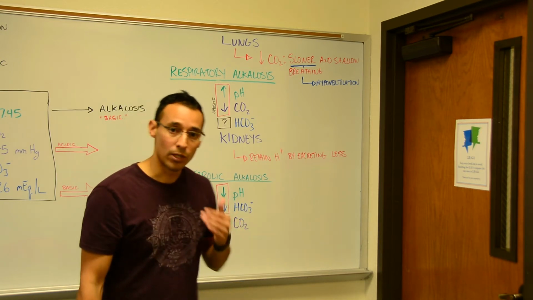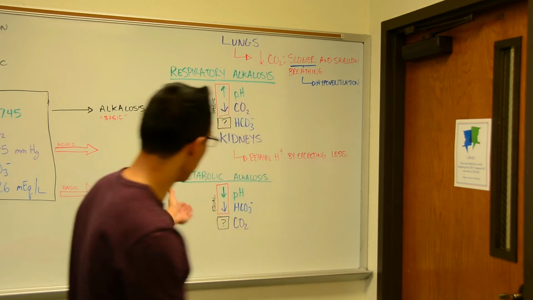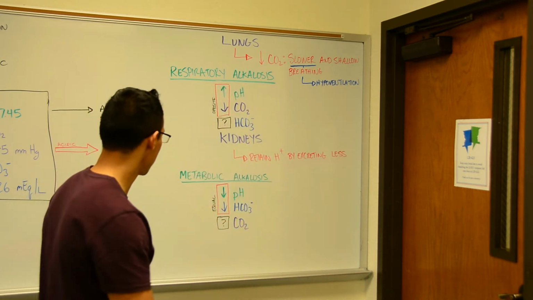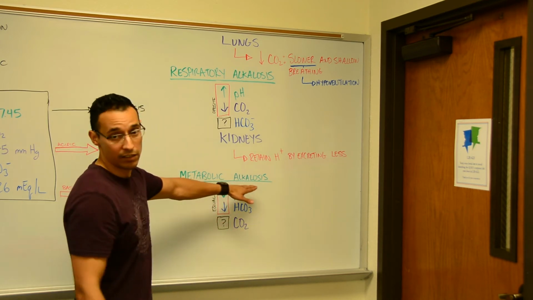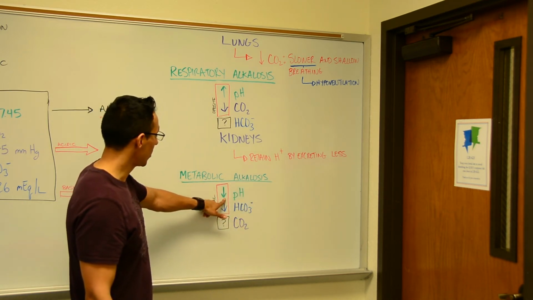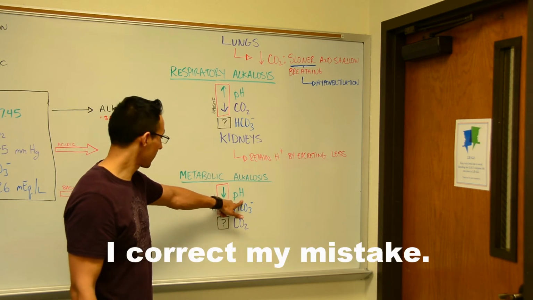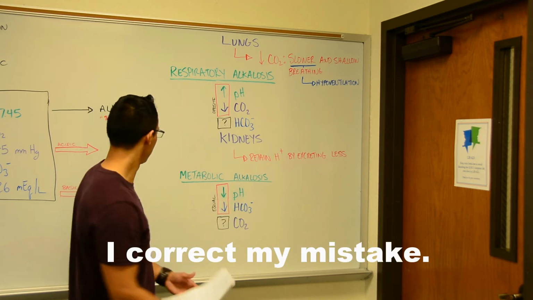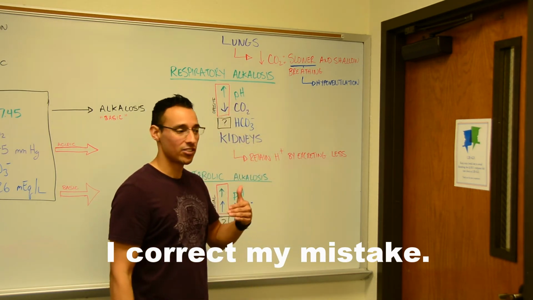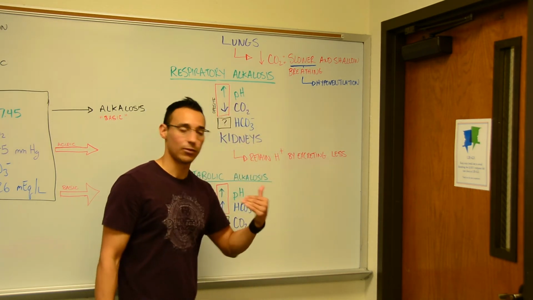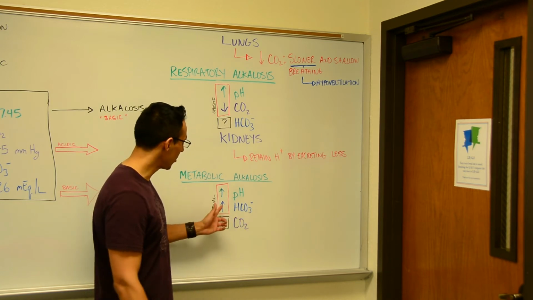All right, so now what we're going to talk about, since I'm already here, is metabolic acidosis. On metabolic acidosis, you know the same thing, pH is down, so you're going to have a decrease in pH. I'm sorry, this is wrong. I made a mistake, so if you watch the previous sections, you're going to see that these don't match. I realized that I had it backwards, so I went ahead and corrected it.